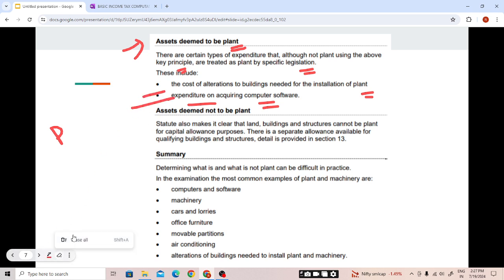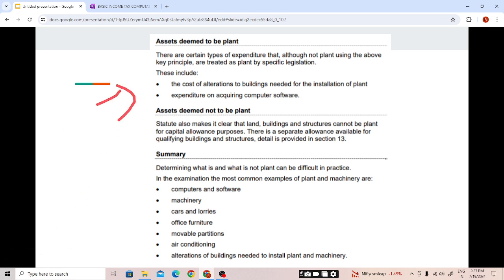The assets which are specifically deemed to be classed as plant and machinery are the cost of alteration to buildings needed for the installation of plant and expenditure on acquiring computer software. Assets deemed not to be plant. Statute also makes it clear that land, buildings and structures cannot be plant for capital allowance purposes.